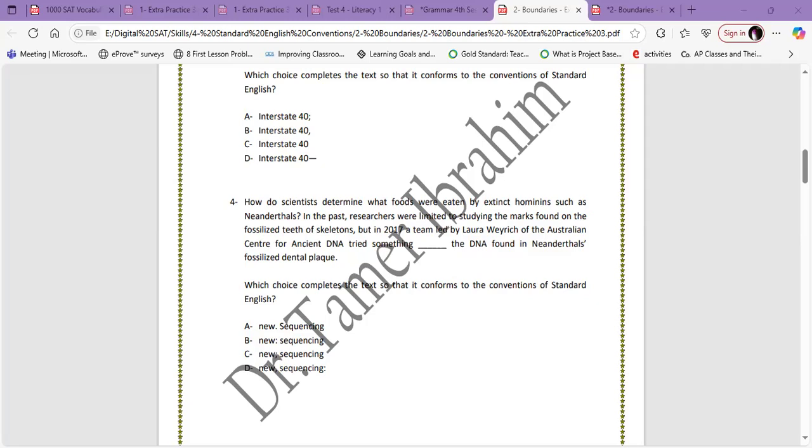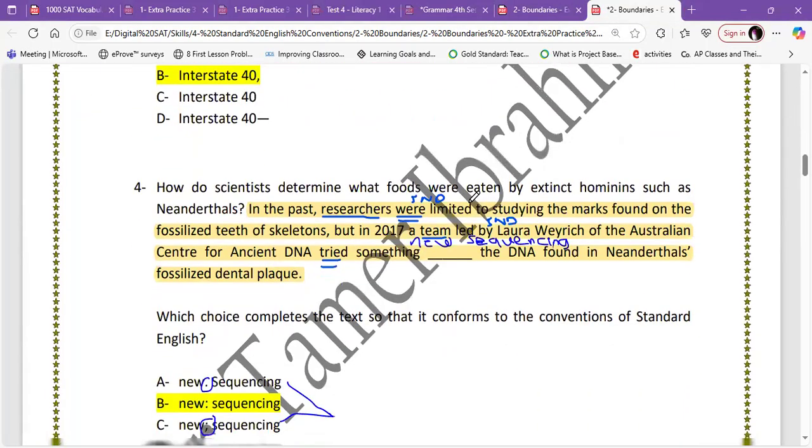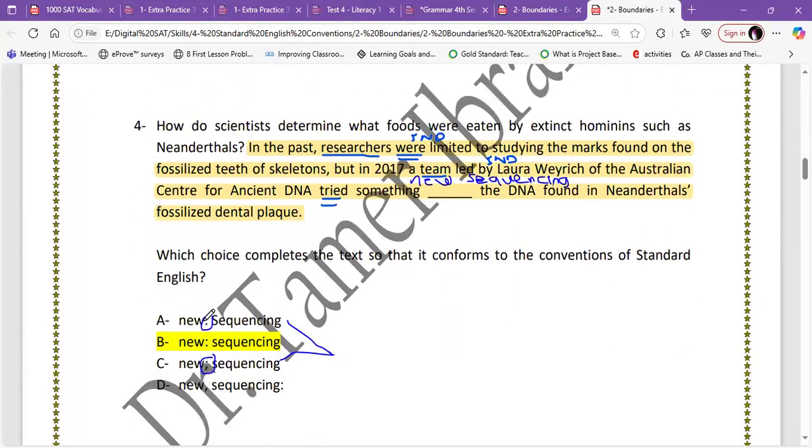Unfortunately, on this one we have 2 who got it wrong. Let's find out how we can solve a question like that, and pay attention because I even explained this while we were explaining the whole topic of boundaries. Guys, didn't I say the full stop and the semicolon look like each other? The semicolon would need another semicolon in the sentence, and I don't see another semicolon here.